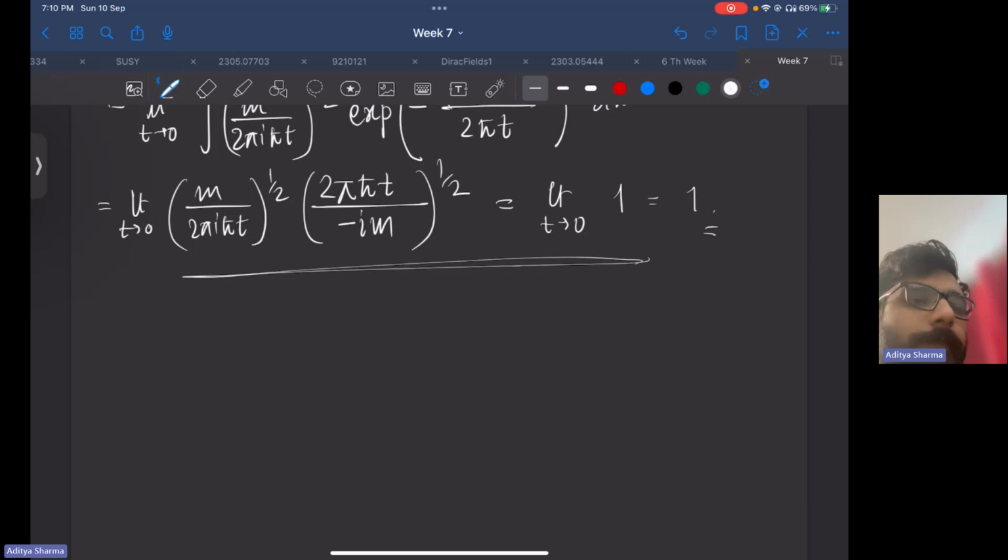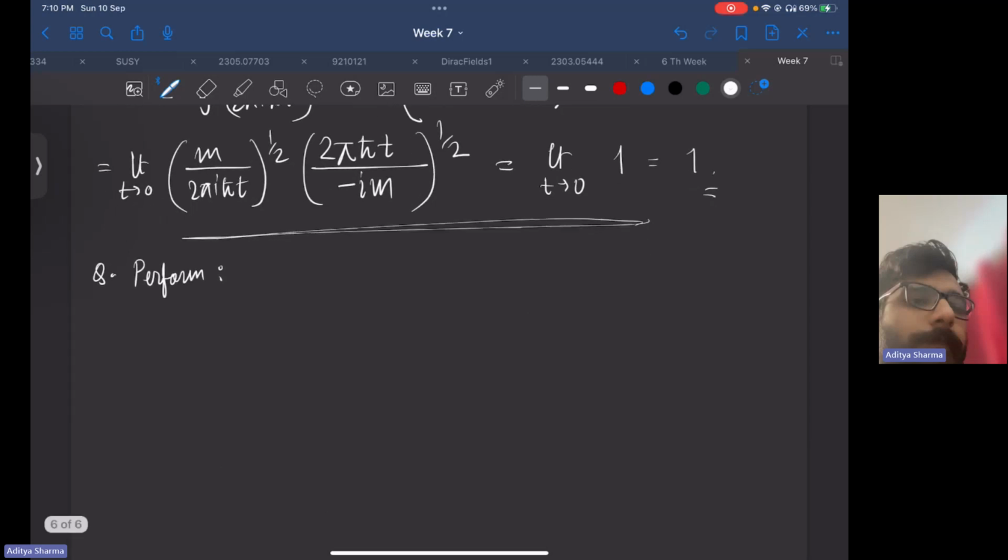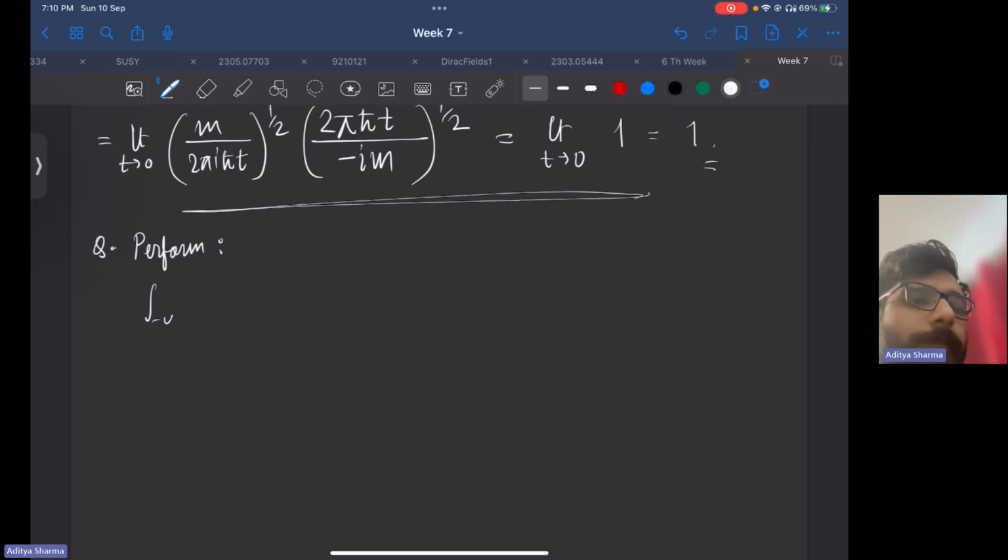Okay, the integral is this. Perform the integral from minus infinity to infinity dq of the exponential of alpha times (qf minus q) whole square plus beta times (q minus qi) square.